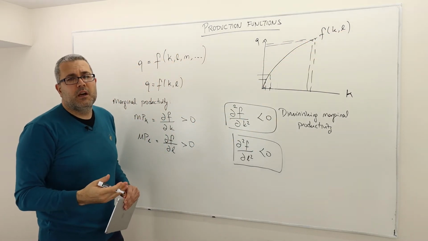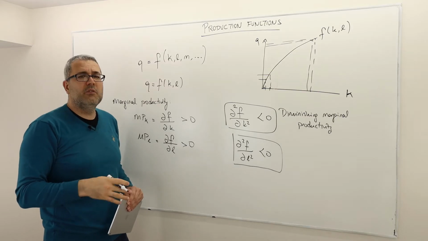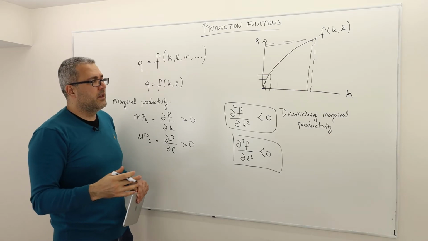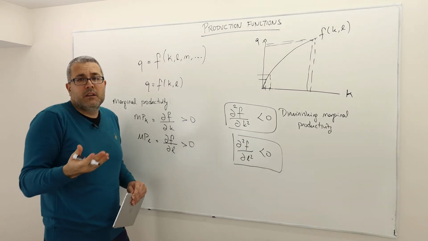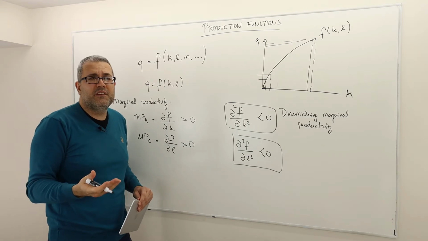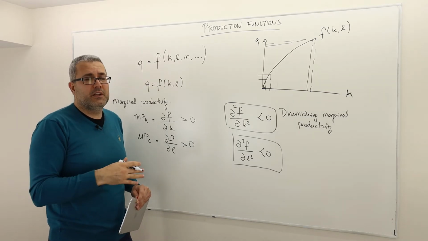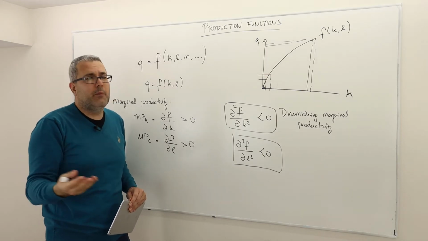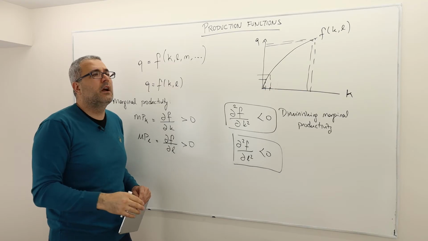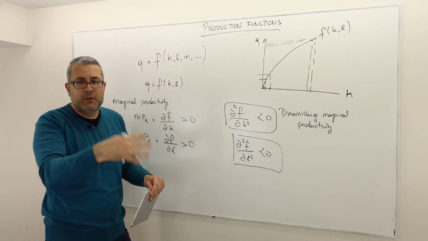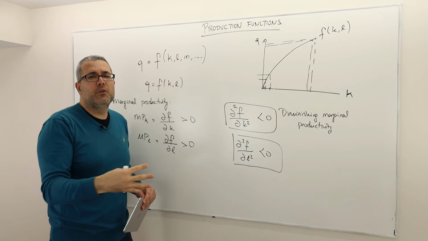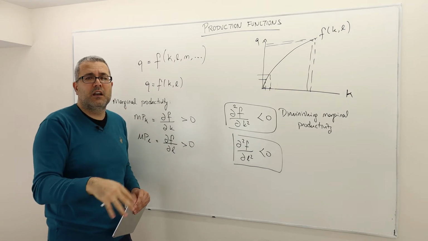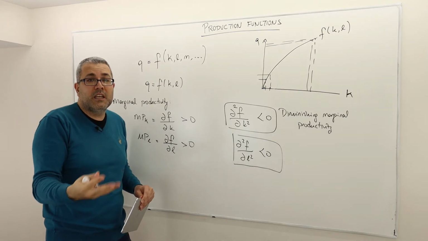Well, what's the intuition behind this? Think of you have a factory, and in this factory, you can basically put a limited amount of capital. Well, what is capital? If for example it's a call center, let's suppose it's a call center, and so one unit of capital is, for example, a computer, a computer desk and phone. So how many computers can you put in a limited physical environment? 50, 60.